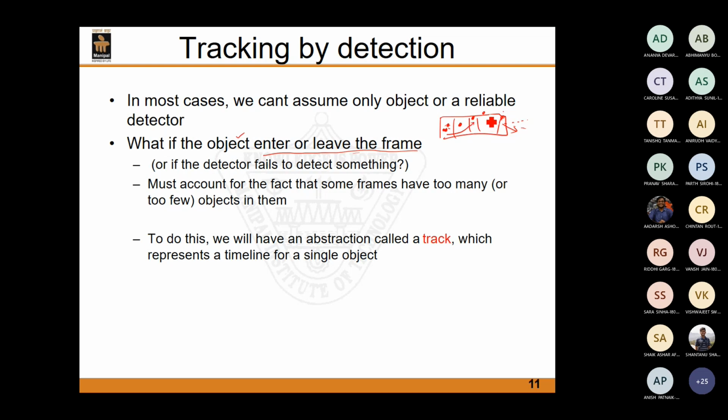The moment the object comes back, if the algorithm is able to detect it again, a new track will start. This is how the tracking by detection method works.